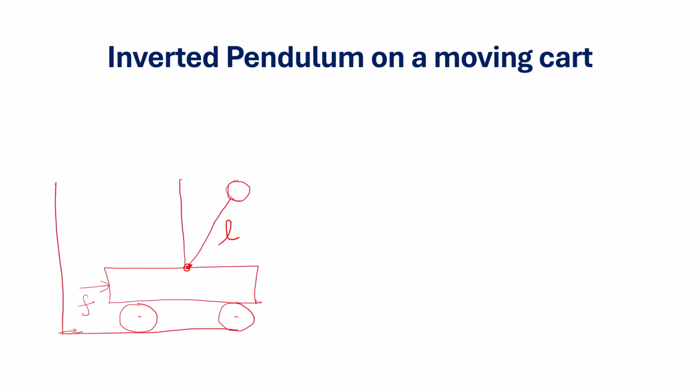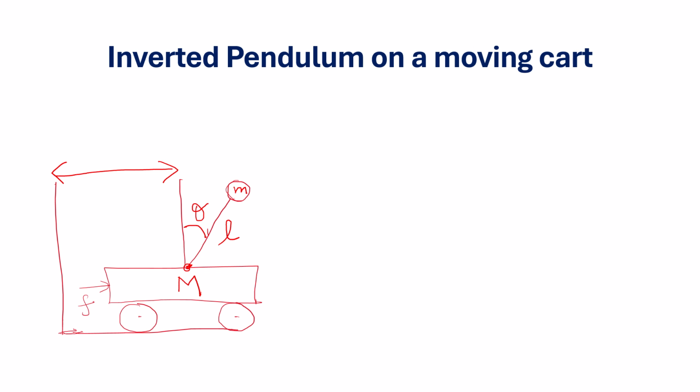Let us consider the mass of the pendulum to be small m and the mass of the cart to be capital M. The motion of this system can be defined by the displacement of the cart from the reference point, let us say y, and the angle the pendulum rod makes with respect to the vertical, that is theta.